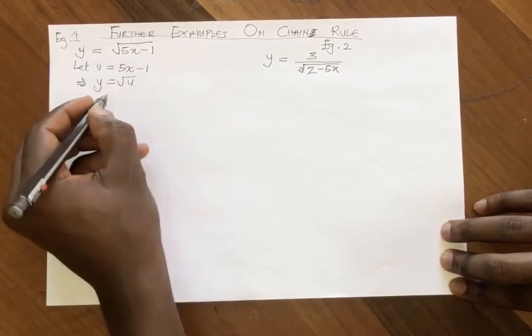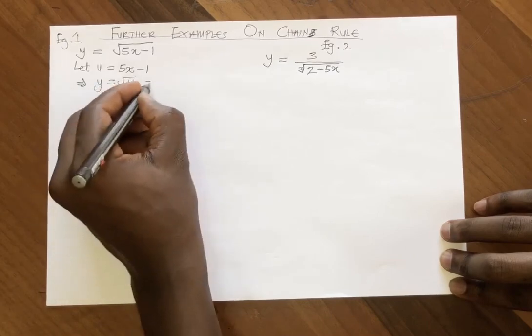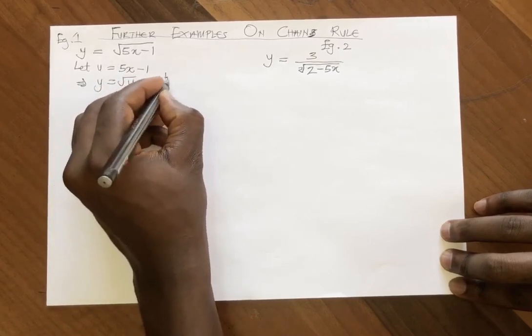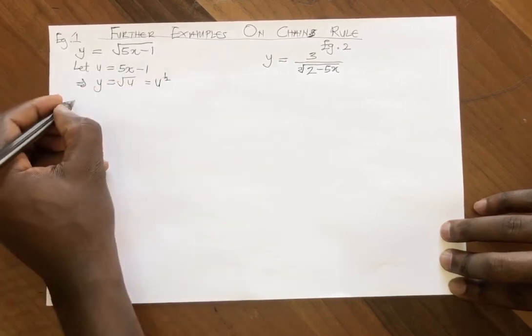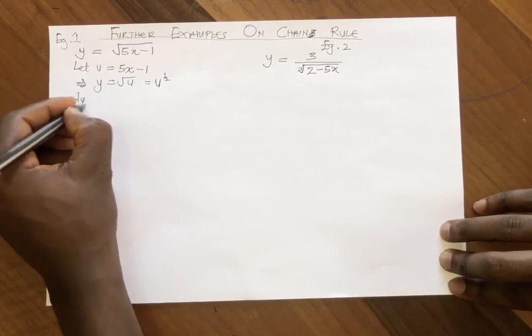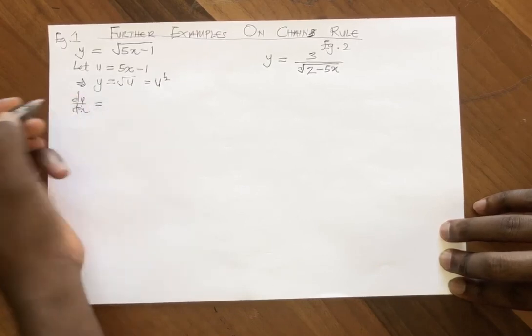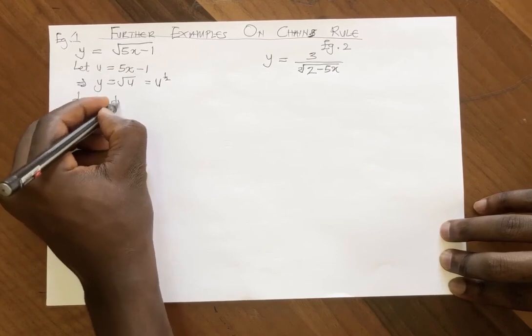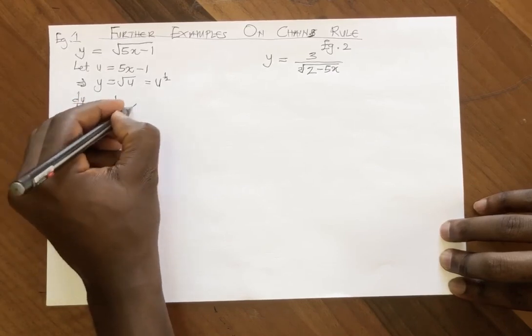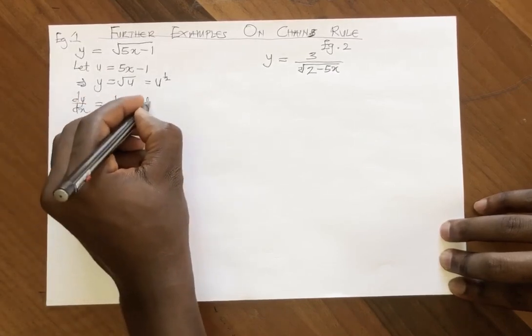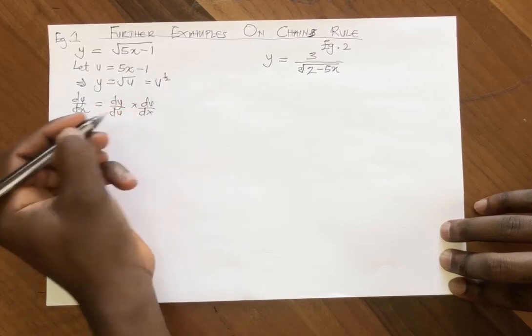But you know that square root of u is the same as u raised to the power half, okay? But the chain rule states that dy dx is equal to dy du times du dx, okay?